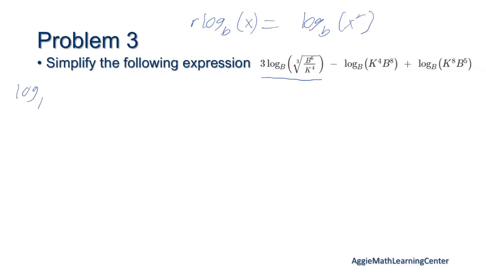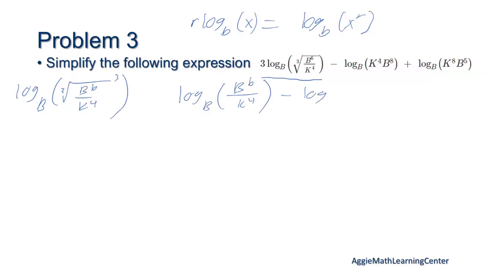So we'll be left with log base b of the cubed root of b to the 6th over k to the 4th, cubed. And the cubed root and the cubed are going to cancel each other out. And so that's just going to become log base b of b to the 6th over k to the 4th. And then you have minus all the rest of it, and plus that.